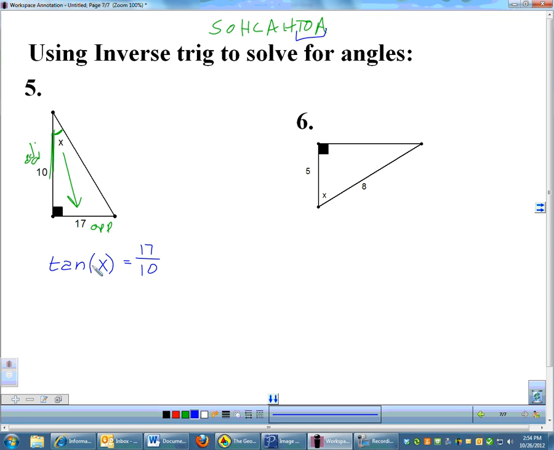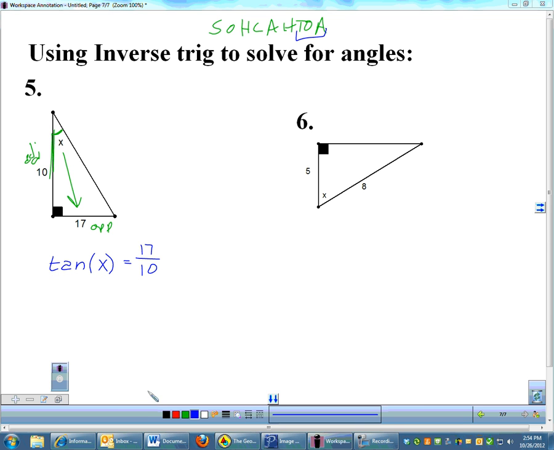We need to somehow isolate the x and separate it from the tangent. What a lot of people want to do is divide by tan, and they think that if you divide by tan, it cancels the tan. It doesn't work that way. That's one of the biggest pet peeves of mine, people trying to cancel just the tan or the sin or the cos or whatever trig function you're dealing with.